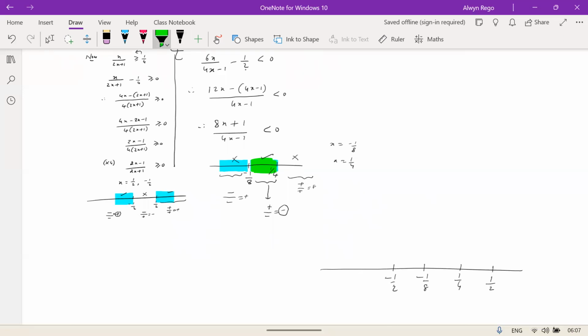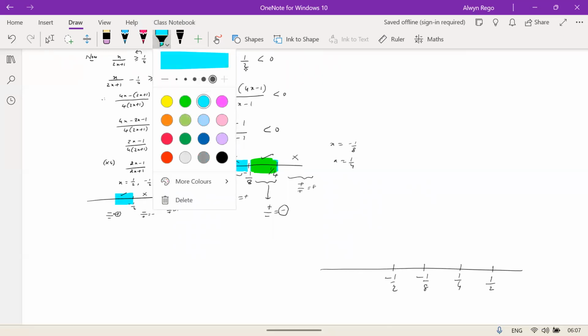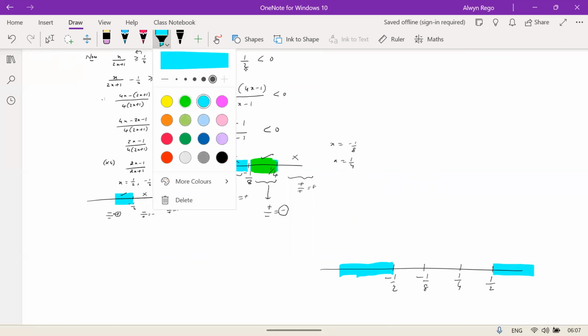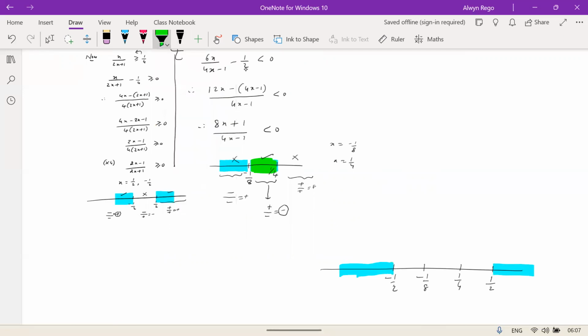Let's see what the first one wanted. The first one was saying go to the left of minus half or go to the right of half. If you want solutions, go here and here. The second one says, if you want solutions, then you stay here.